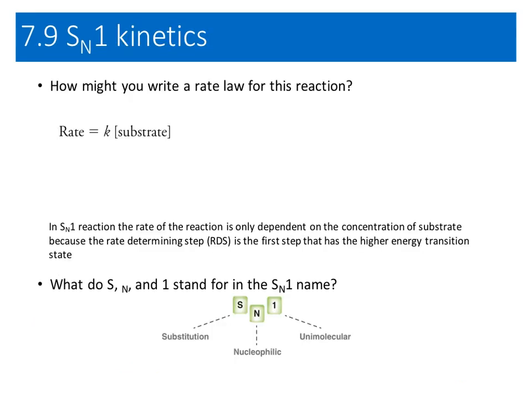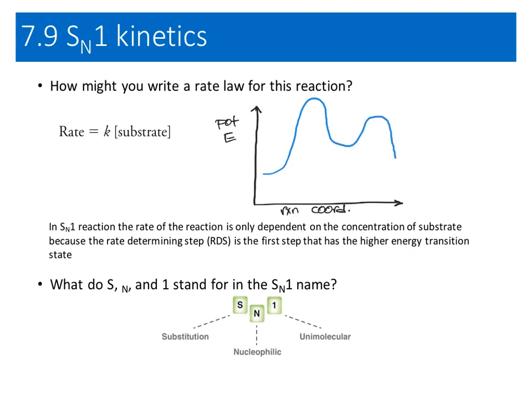In SN1 reaction, the rate of the reaction is only dependent on the concentration of the substrate. So if you draw the energy diagram for SN1 reaction, we are going to see a two-step process. So most of the time SN1 reaction is a two-step process unless the carbocation does rearrangement, so we are going to have a three-step process.